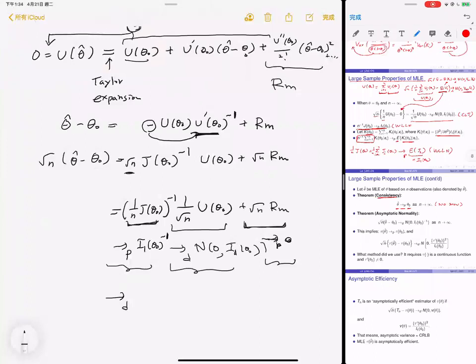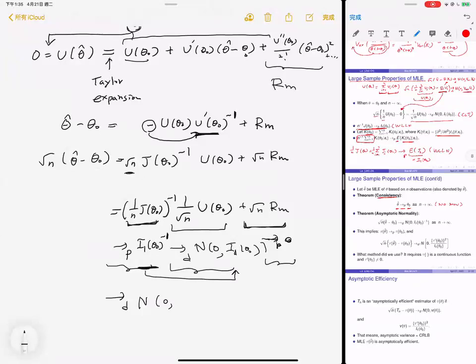What theory am I using? Slutsky. Okay. Then it becomes what? I do have normal, 0. Okay. I do have I1 right here, inverse. If I put inside the variance, it becomes what? It becomes squared, right? Yeah, squared.